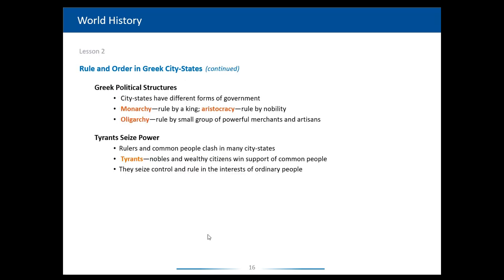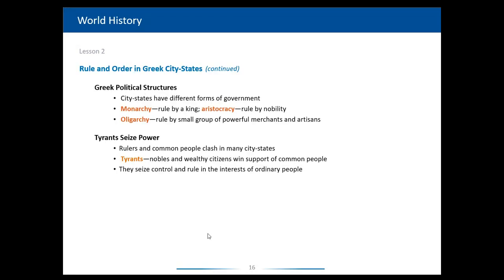Greek political structures. City states often have different forms of government. For example, a monarchy. The definition of a monarchy is ruled by a king. Remember, mono means one. So, mono is one, archy is like government, ruled by one, monarchy.